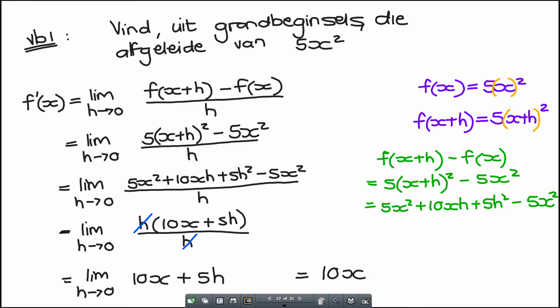Let's look here quickly. If I get the derivative of 5x squared, 2 times 5 gives me 10x to the power 1. Because you already have that nice short way. So what we've been practicing today, this morning, is exactly this.